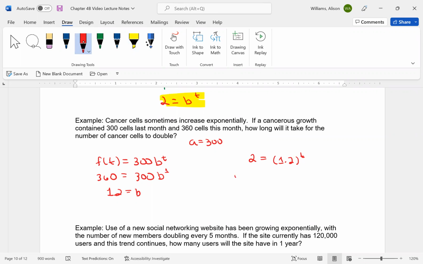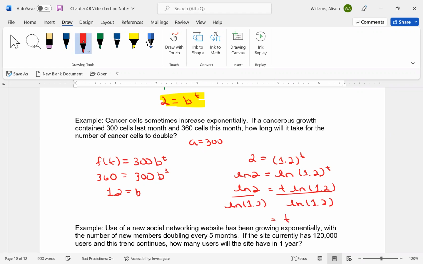So I need to take the natural log of both sides, or log. Bring the T down. Divide both sides by the natural log of 1.2. So T equals natural log of 2 divided by the natural log of 1.2, and my calculator gives me 3.802.